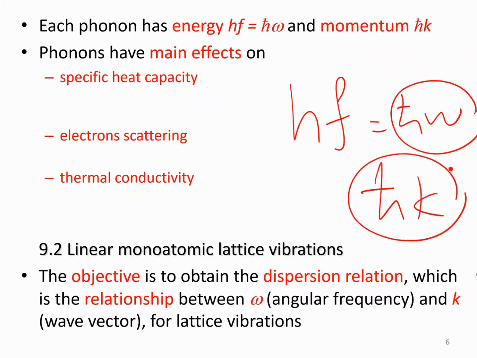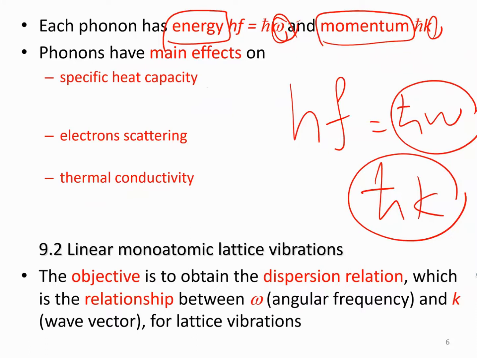So remember, just now I told you that you want to find the relationship between omega and k, right? Omega represents the energy, and k represents the momentum. Actually, you want to find the relationship. In other words, we are actually finding the relationship between energy and the momentum of the phonon.